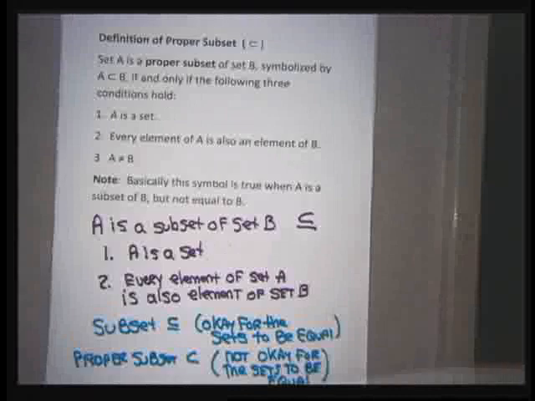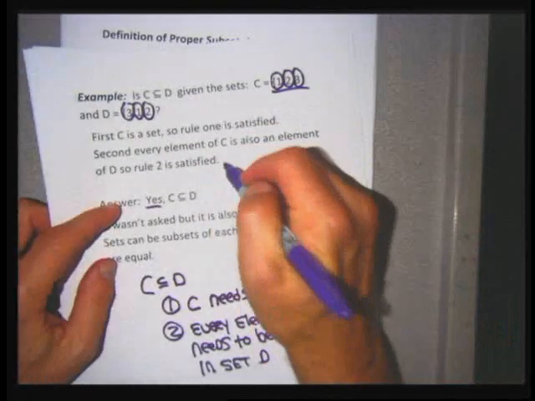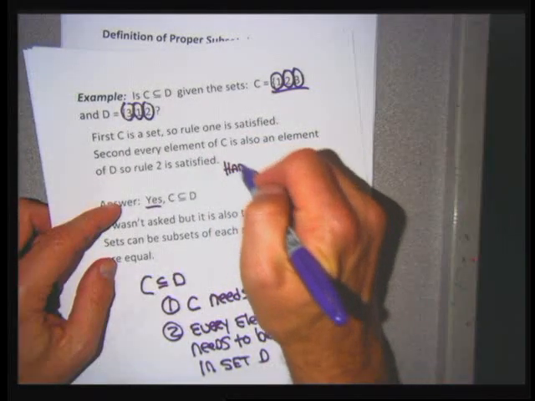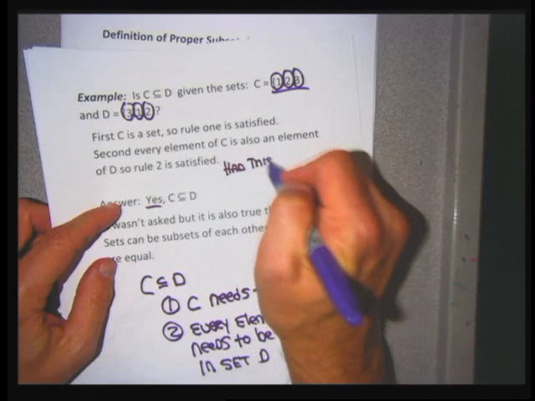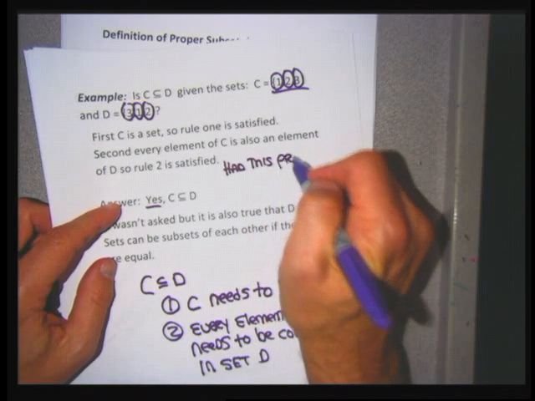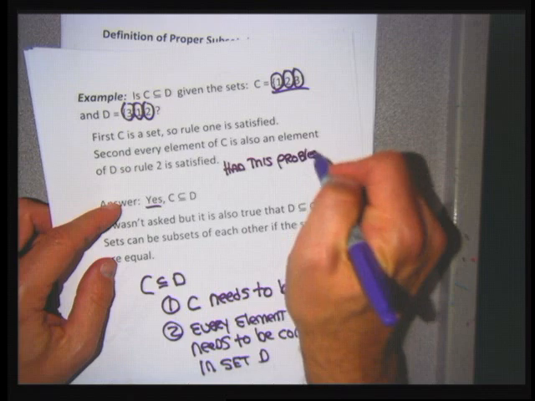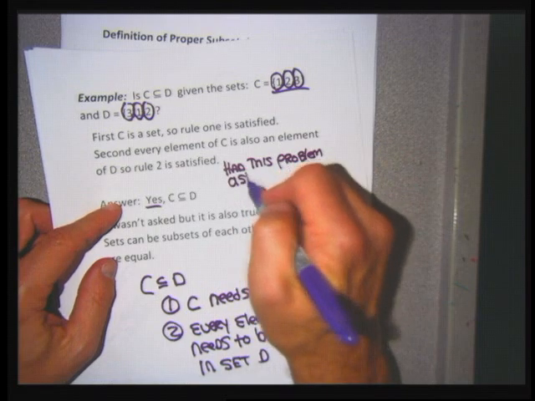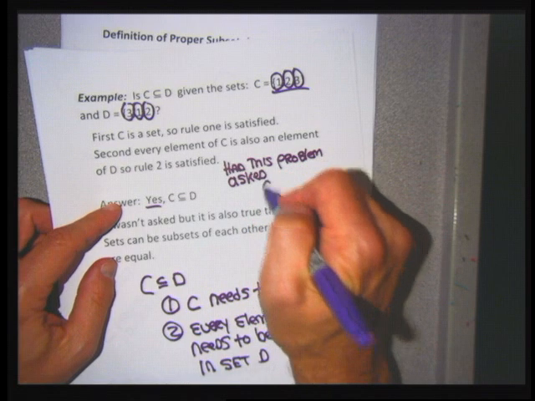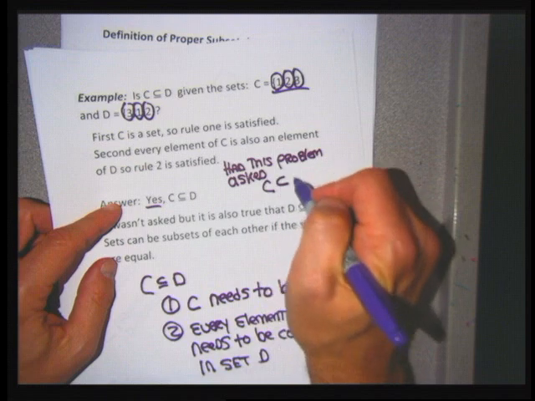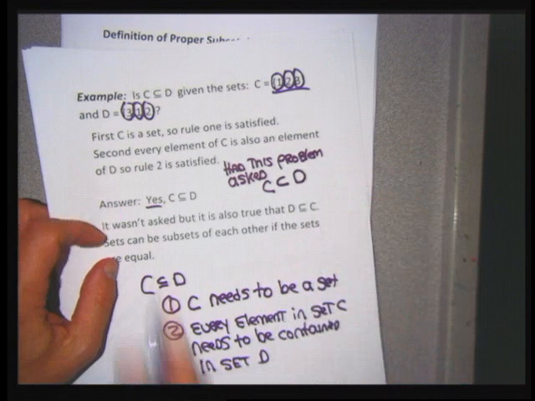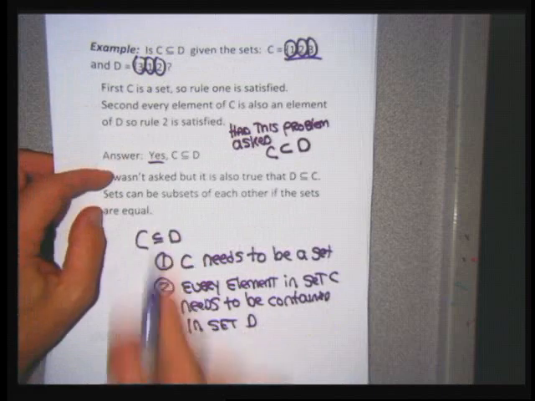So had this problem asked, is C a proper subset of D, my answer wouldn't have been yes anymore, because there's a third criteria.